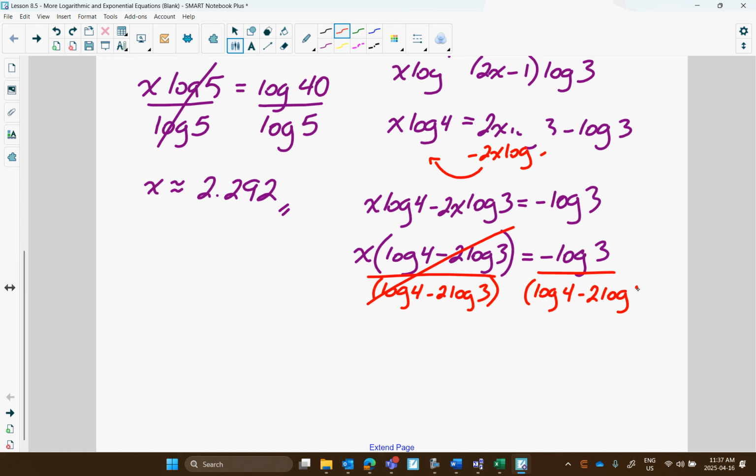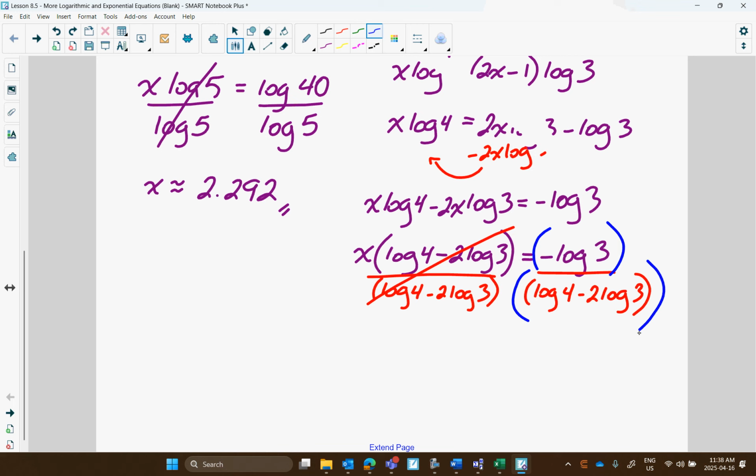Now this is a little tricky to do on your calculator. So you got to make sure you know how to do it. Okay? Remember, when we have a fraction bar, we have to do everything up top first, so have parentheses around it, everything on the bottom, and divide at the end.